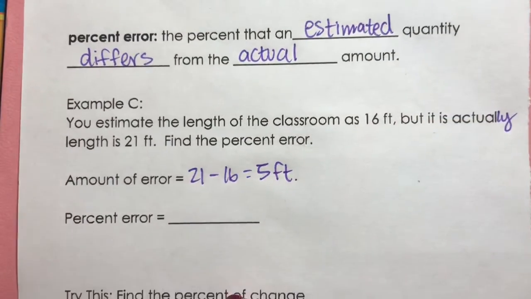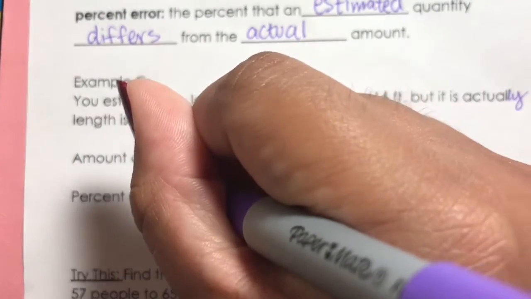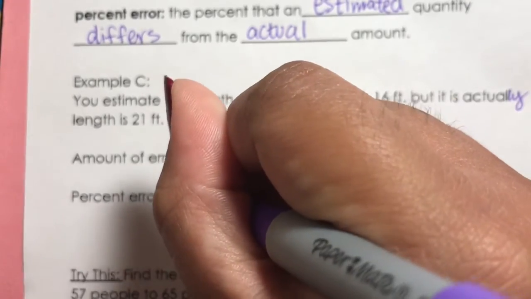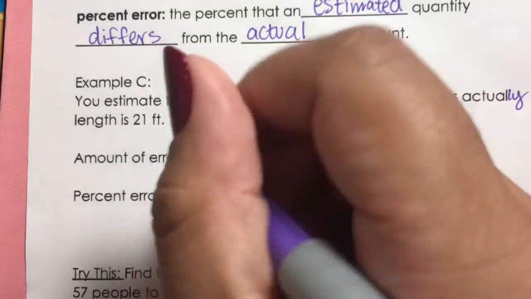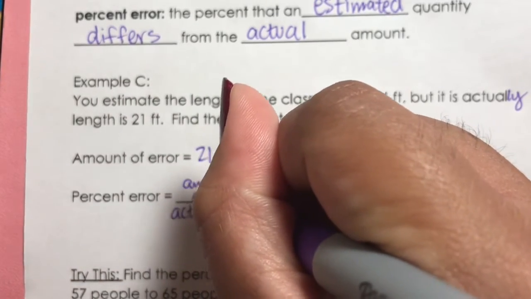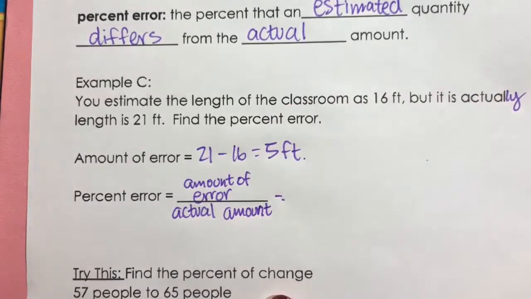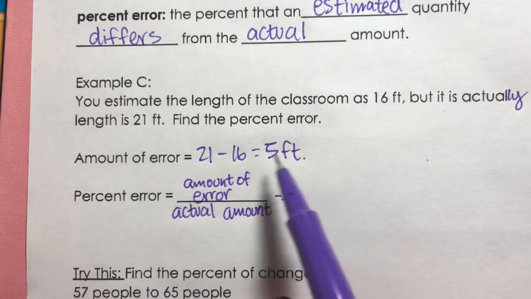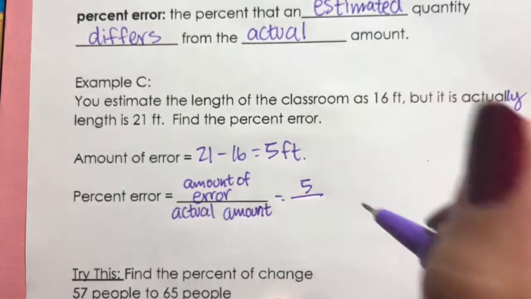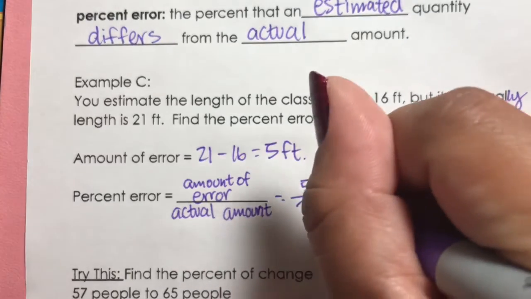Okay, so the percent error formula is the amount of error divided by the actual amount. So if we look at our problem right here, the amount of error, 21 minus 16, is 5, divided by the actual amount, which is 21.